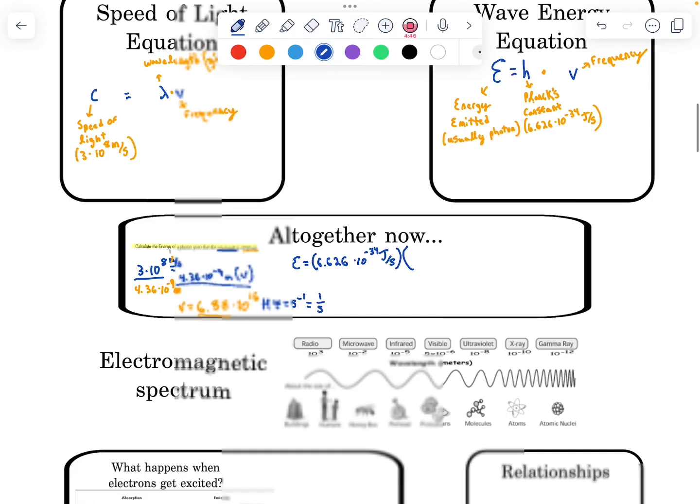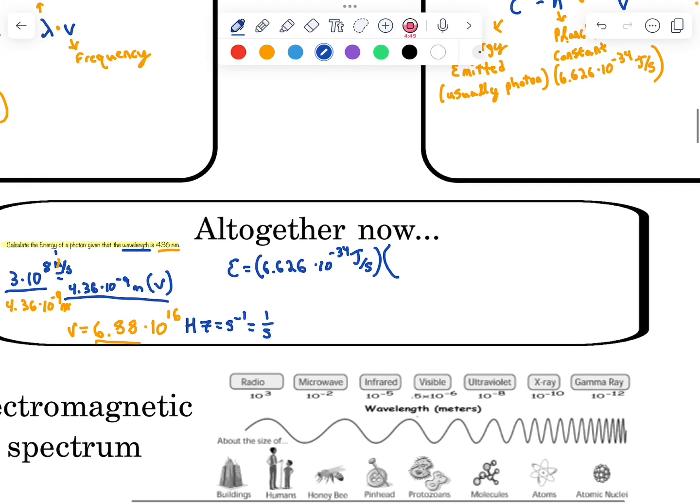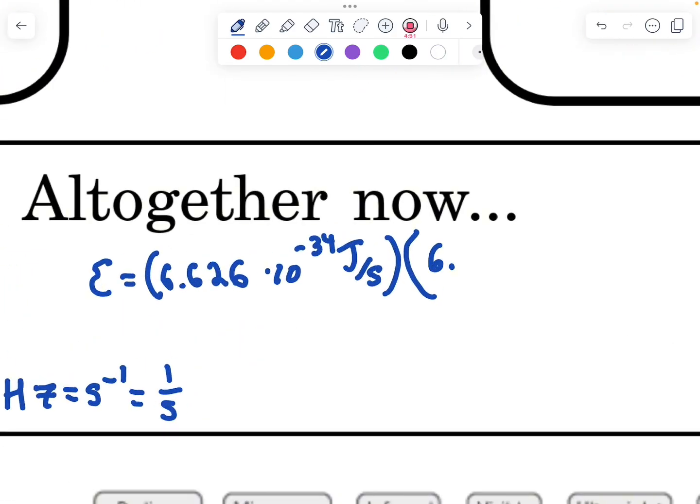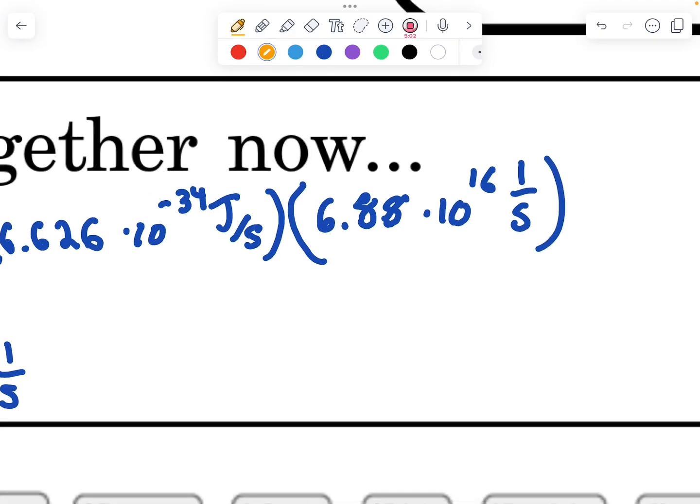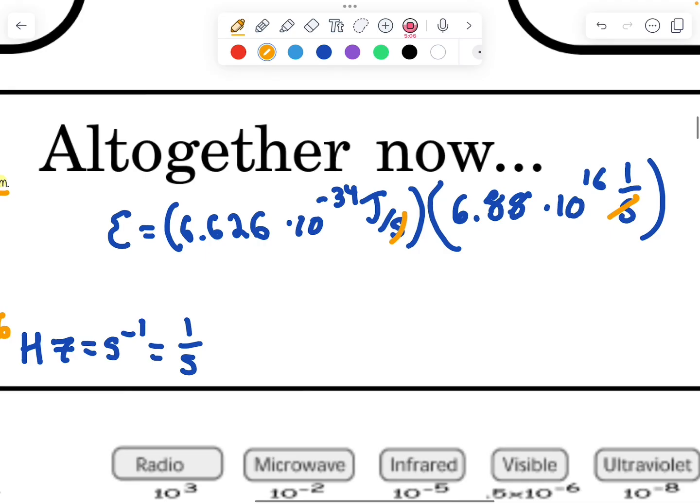And then we are just going to use the frequency we just calculated, 6.88 times 10 to the 16th, and just for simplicity we'll say 1 over second so you can see it canceling out. So we're going to have second times 1 over second, and then our energy will always be given in joules, especially for this kind of problem. Sometimes we'll use kilojoules, but the metric energy unit is the joule.